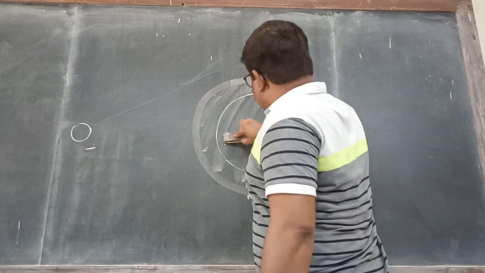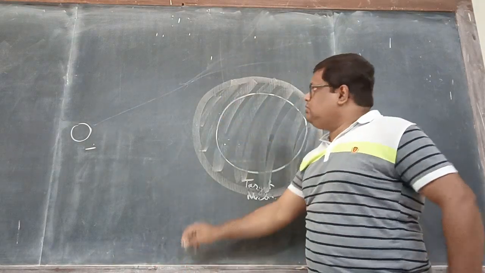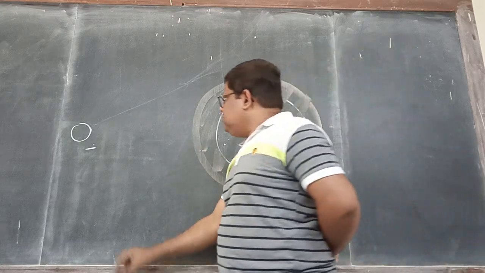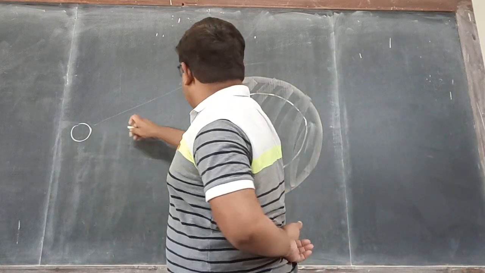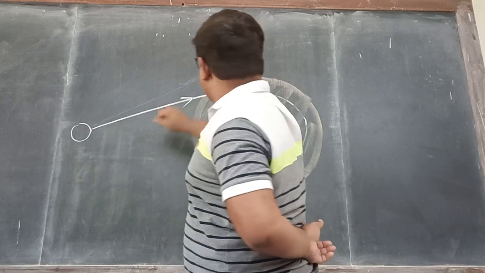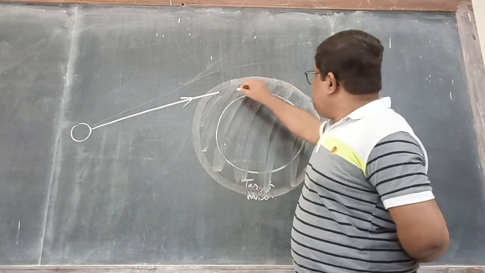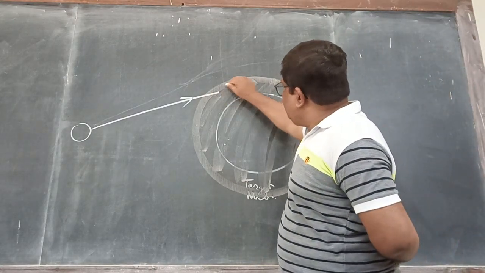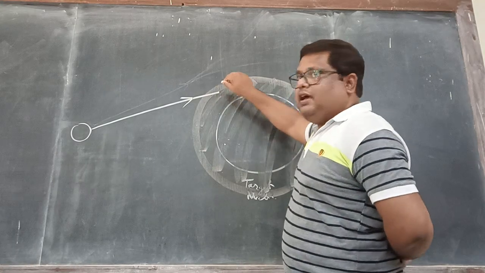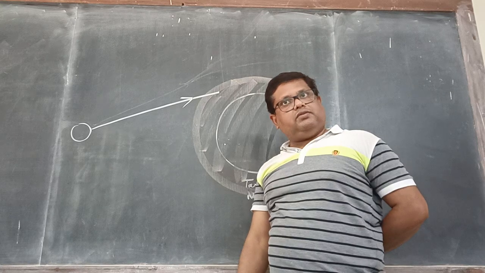Next step. Suppose this projectile now enters over here in this range. What will happen? Now it has entered the range where both strong interaction as well as electromagnetic interaction is present.